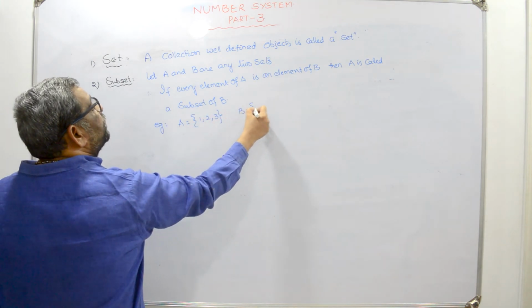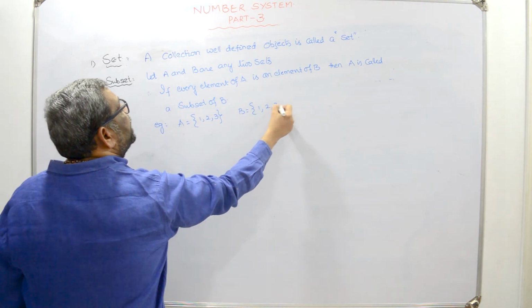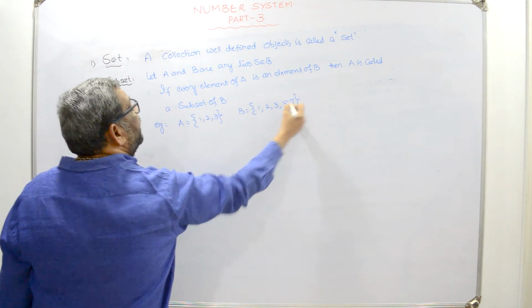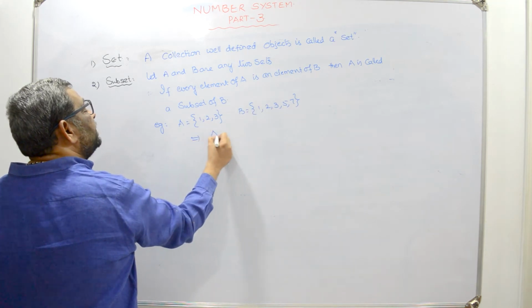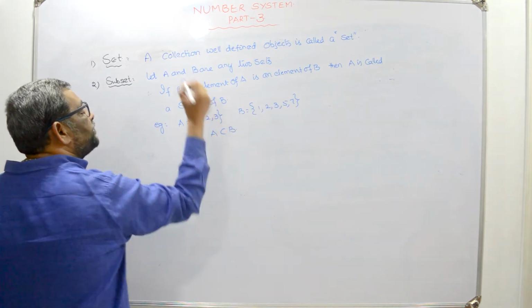B is equal to the set of 1, 2, 3, 5, 7. Because every element of A is an element of B, it implies A can be written as a subset of B.